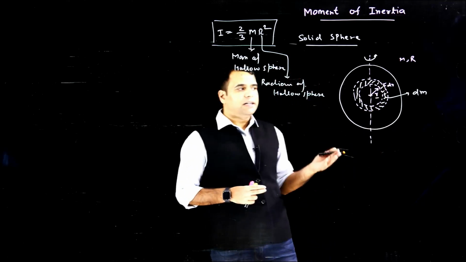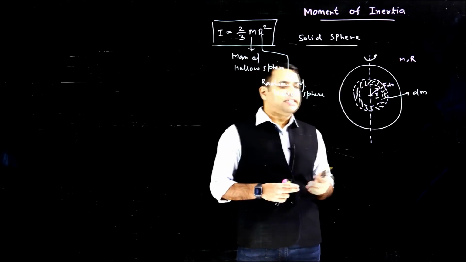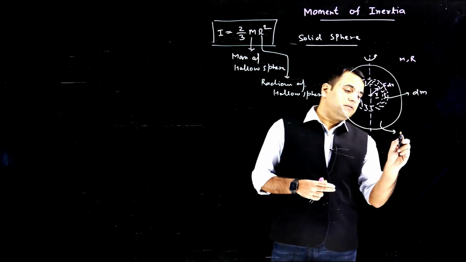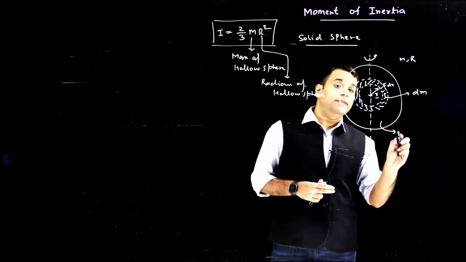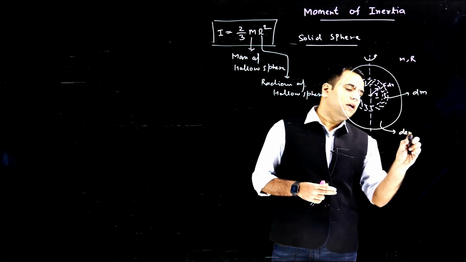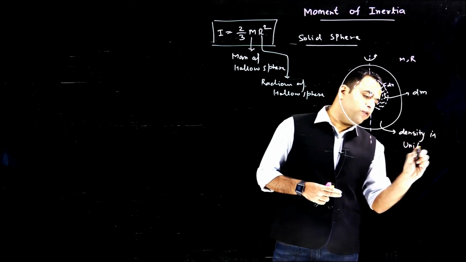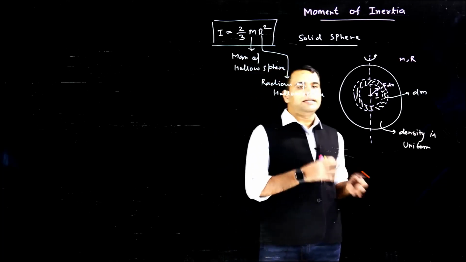Now to calculate the mass of this element, we need to first calculate the density. We are assuming that the mass distribution within this solid sphere is uniform, or we can say the volumetric density is uniform. That's what we are assuming. Unless it is given otherwise, we will always assume that density is uniform.